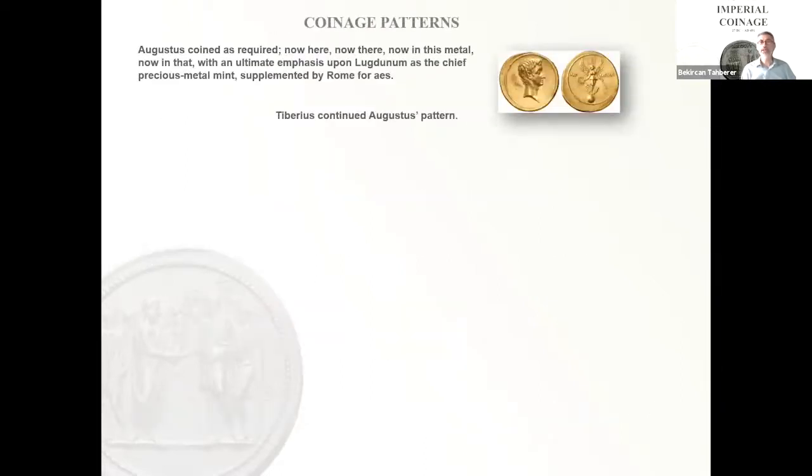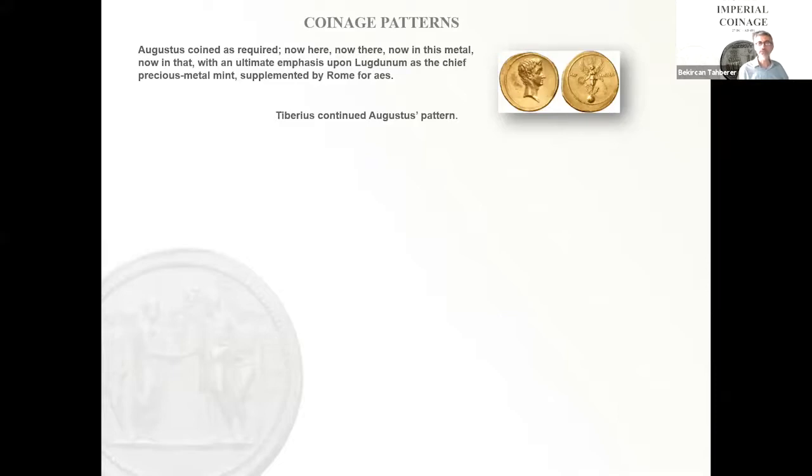The coinage patterns are interesting to observe during the Roman Empire. Augustus minted coins as required. Now here, now there, now in this metal, now in that metal, mostly valuable coins coming from Lugdunum, and base metal coins coming from Rome.